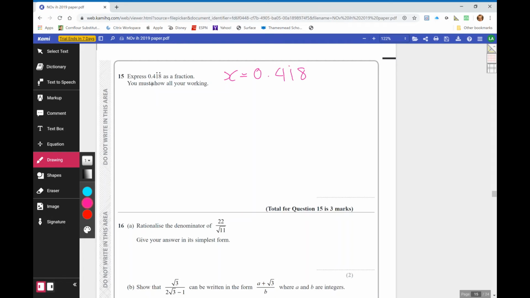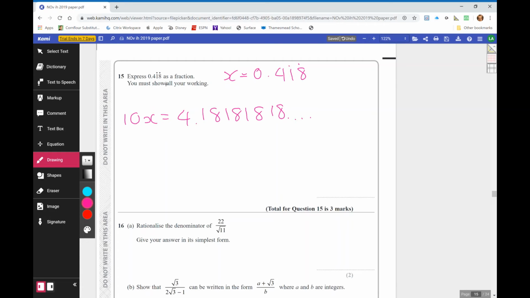and so I like to say that x is 0.418. 10x is going to be 4.18. I'm just doing this to show you that the 4 doesn't recur, but the 18 does. And now what I want to do is make it so that the decimal is all the way past one whole set of recurring decimals.